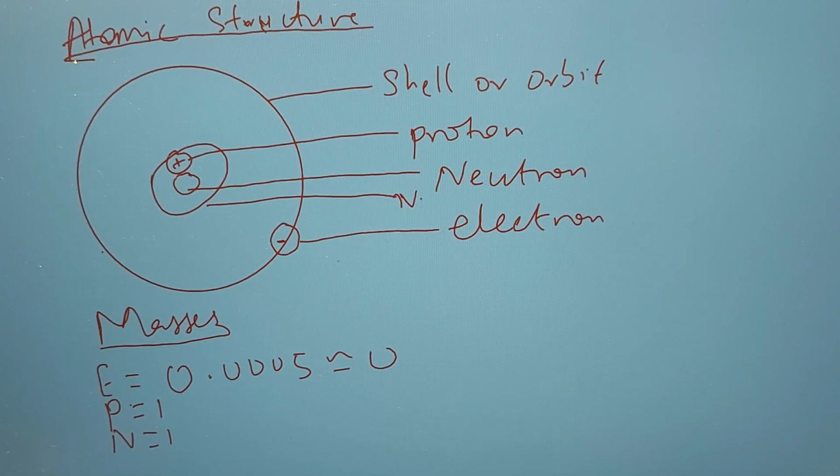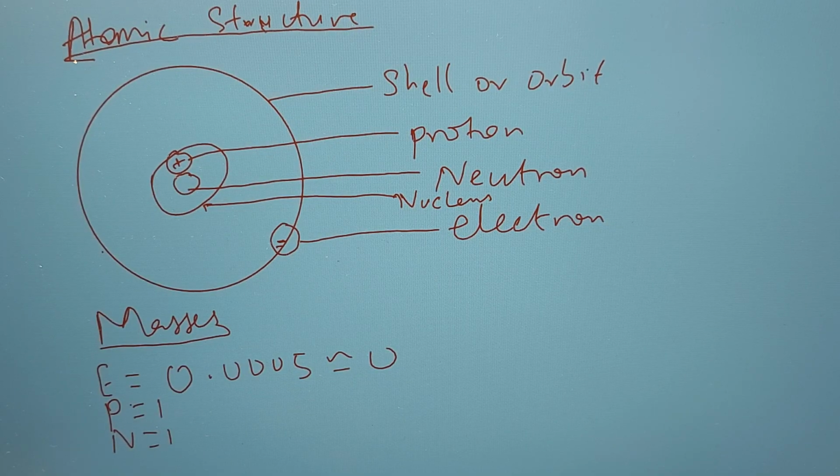Let me put it here for you to see. Nucleus. So there is a strong nuclear force there that is keeping these two particles together. And then we also have electrostatic force, which is the force of attraction or repulsion, depending. But in this case, it is an attractive force between electron here and then that of the proton.